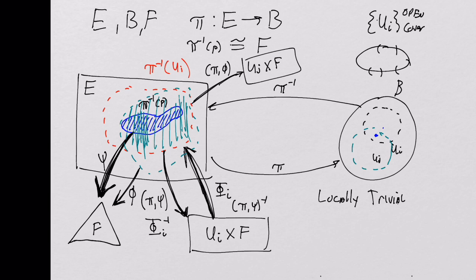This region is locally trivial to this Cartesian product and locally trivial to this Cartesian product. That's not a problem. Those are really the same thing, but they have two different mappings to get them there.